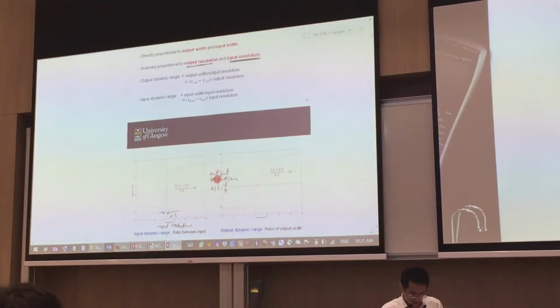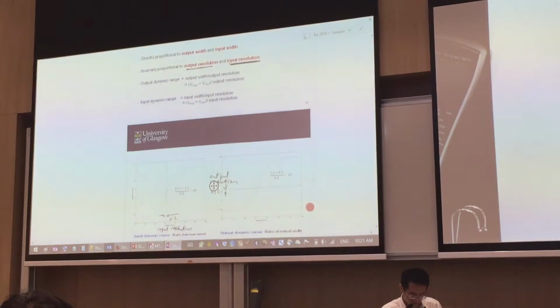And we have seen that the width for this, for the input width and output width respectively, is this part over here. Right? From this point to that point, that is your input width. And from this point, that is your output width.